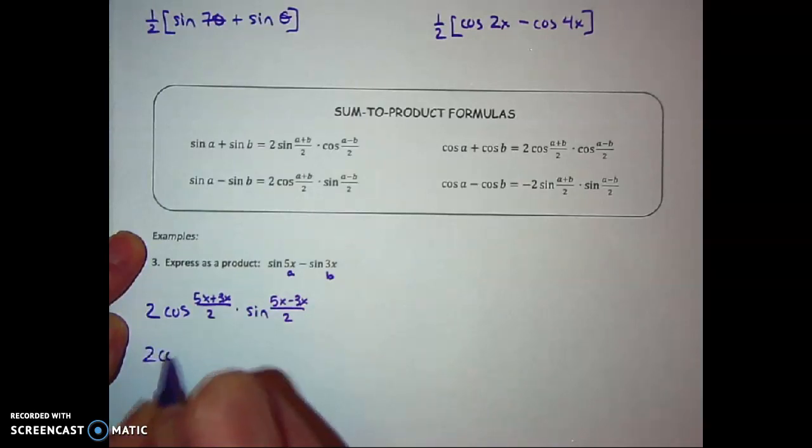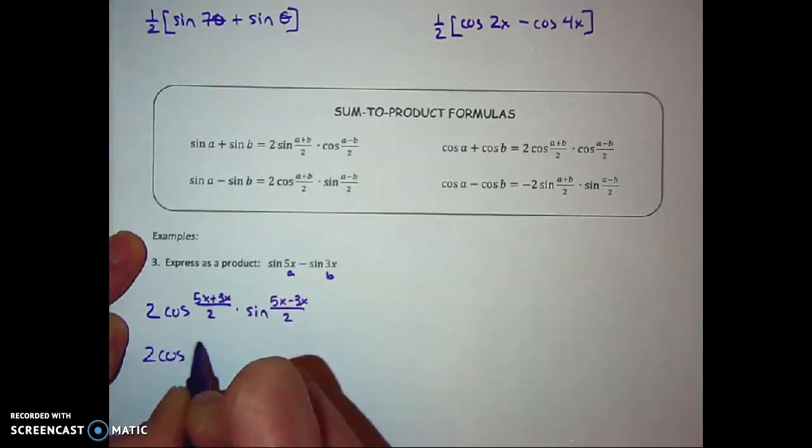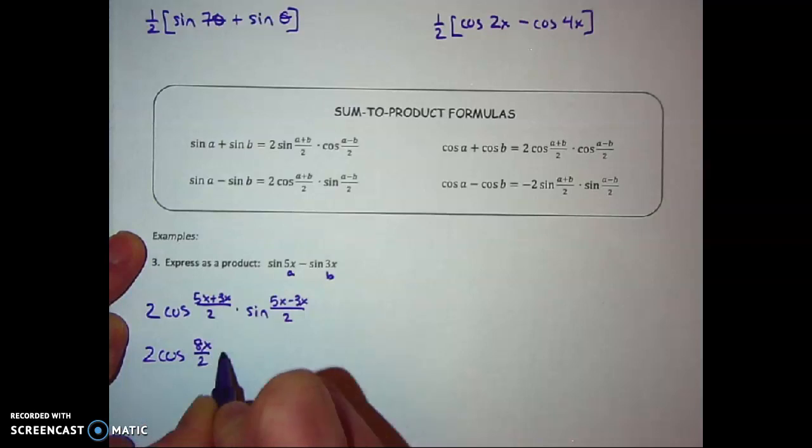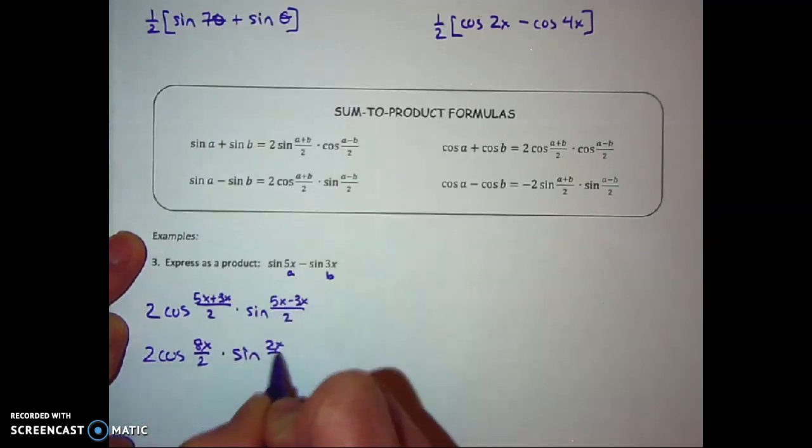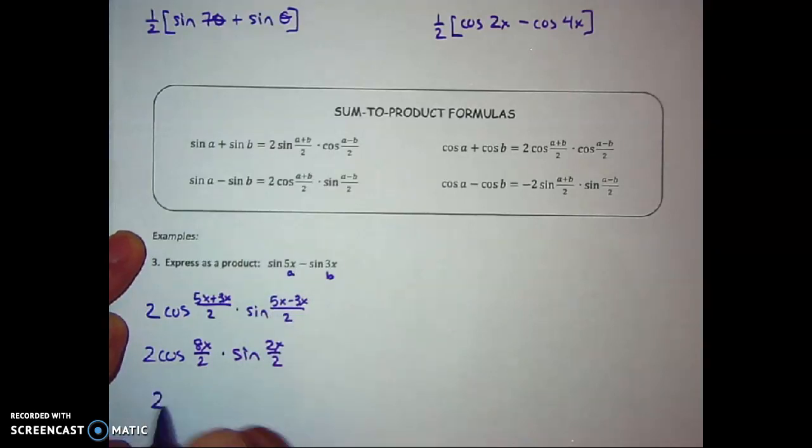And now it's a matter of simplifying that. 5x plus 3x is 8x over 2. 5x minus 3x is 2x over 2. And yes, I can simplify that again. So, 2 times the cosine of 4x times the sine of x.